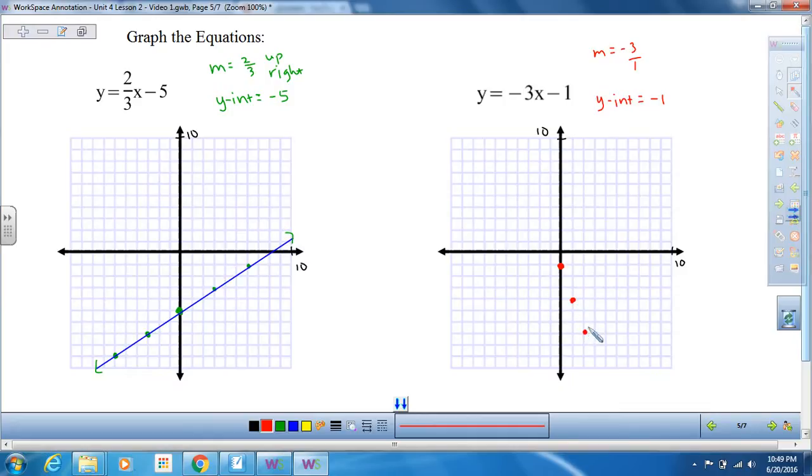So the negative only goes with one part, either the numerator or the denominator. So you could have it with the denominator, then you would go up 3 and left 1, but it's still the same pattern and direction that you were going. Okay, draw a line.